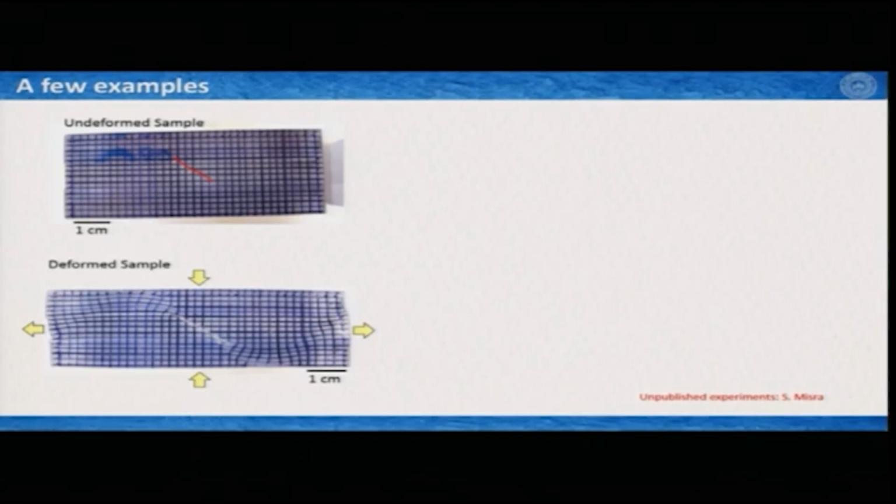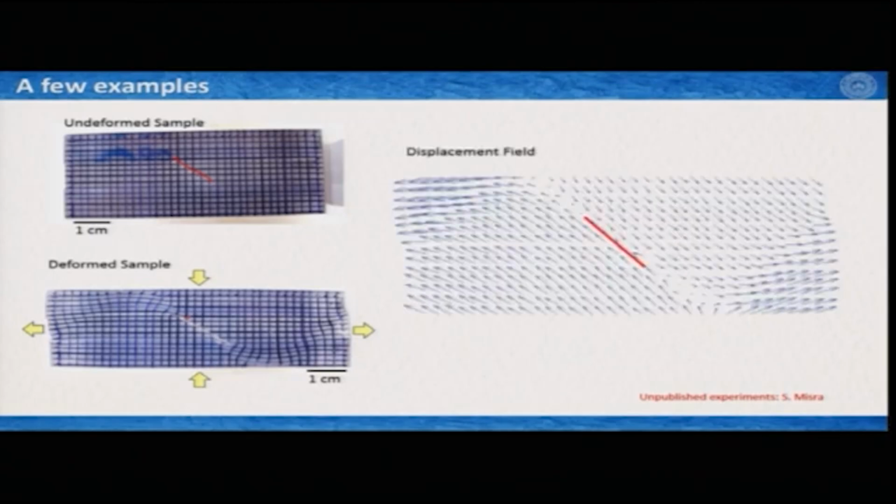Now because I have the initial shape and the deformed shape, and considering each of these grids, I can actually determine the displacement vectors of this deformed sample. And if I do it, then it looks like this.